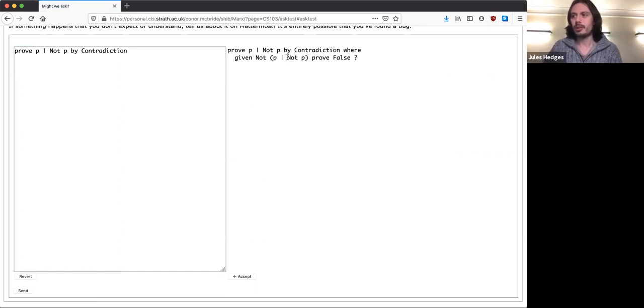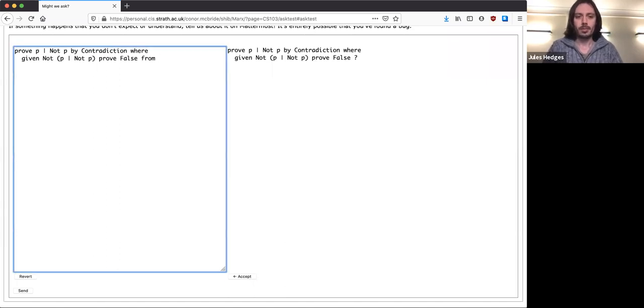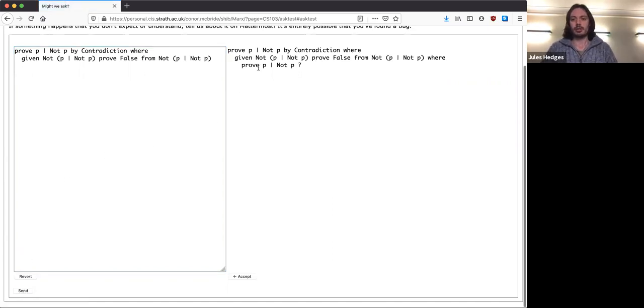The only thing that we can really do now is to ask what we can do with our hypothesis. So I'm going to say from not (P or not P). Ask tells us that we have to prove P or not P. So it looks like we've gone in a circle and got back to where we started. But actually we haven't, because this time we have a given, which we didn't have before.